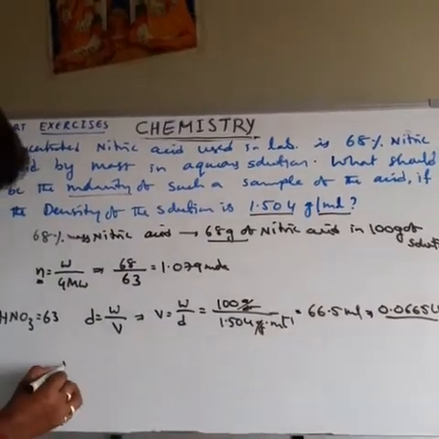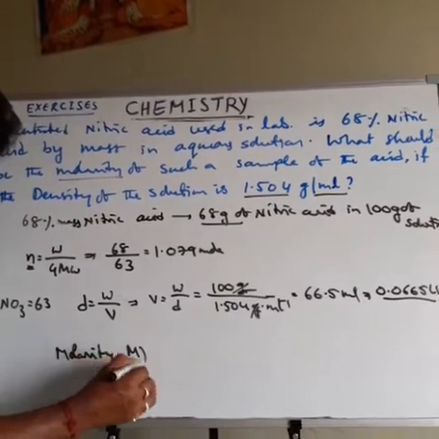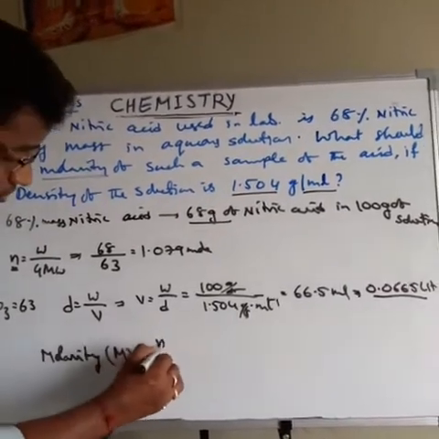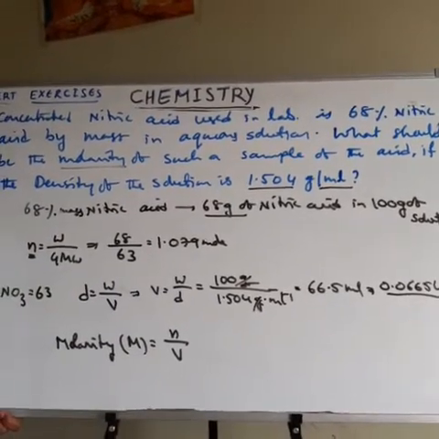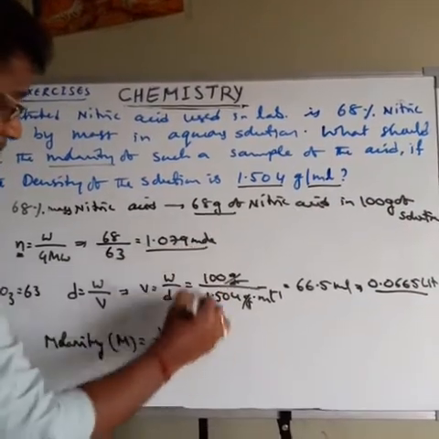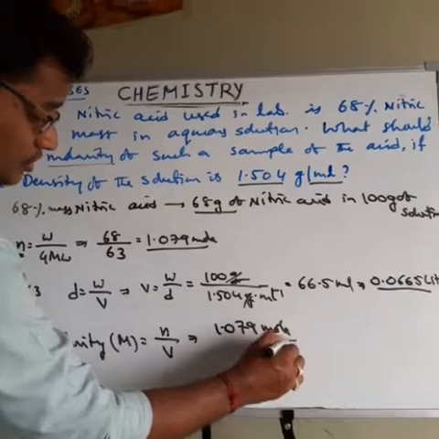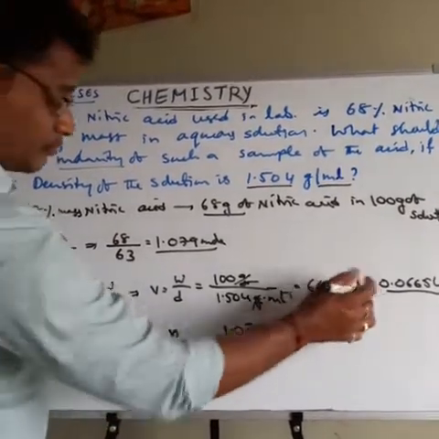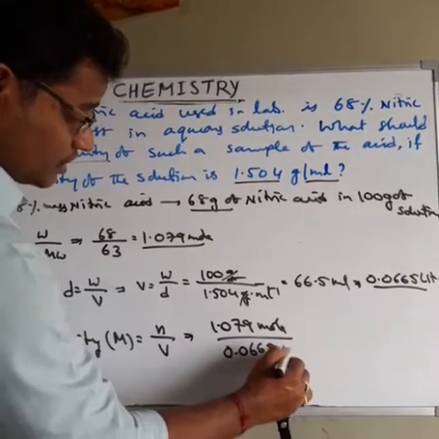Then next is molarity. Molarity means the number of moles of the solute present in 1 liter of solution. The number of moles is 1.079 moles present in a volume of 0.0665 liters.